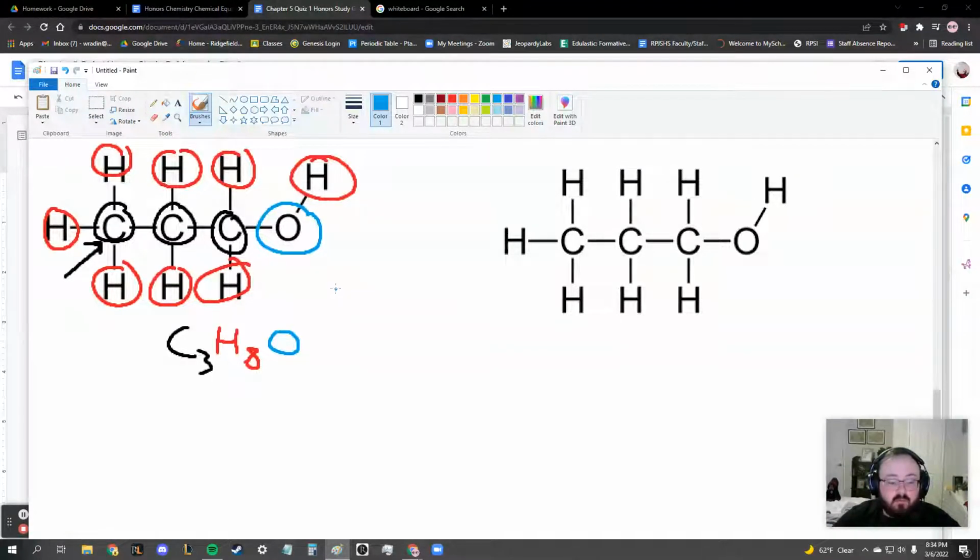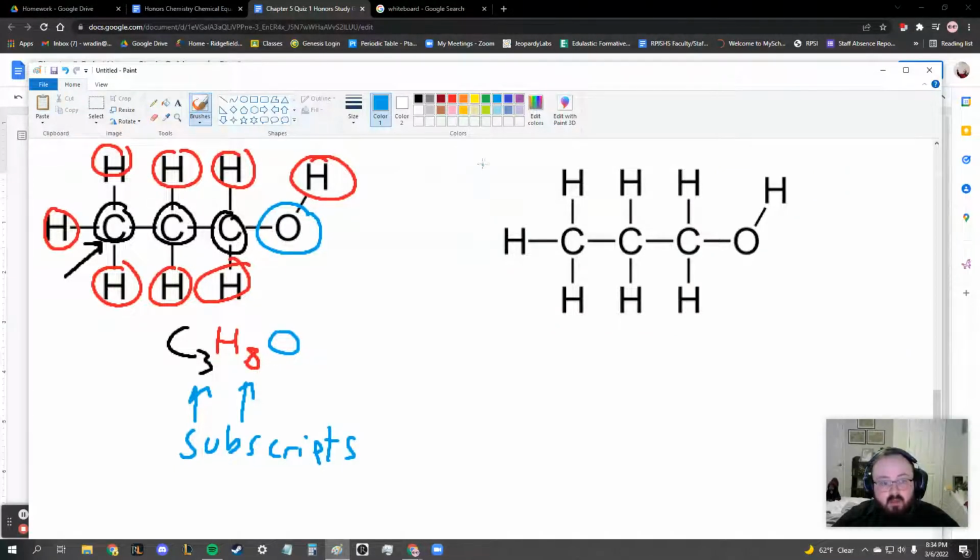But this is really just to reinforce what a structure is, what a formula is, and what these subscripts mean, and the coefficients. Here are our subscripts, and this tells you that there are 8 atoms of hydrogen in this entire molecule, and 3 atoms of carbon.